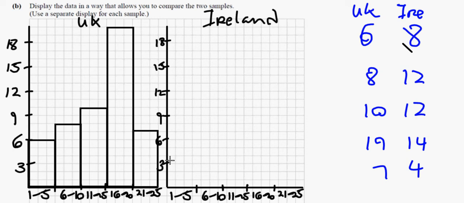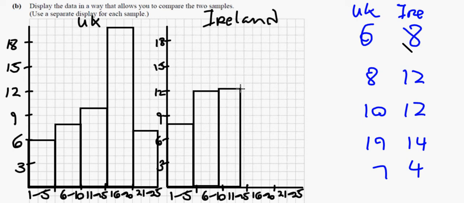Now, onto the Irish one. We go on 8 on the first one, which is here. 8 people. Then we're going 12 people for the next one. And then 12 again for the third one, the 11 to 15 margin.